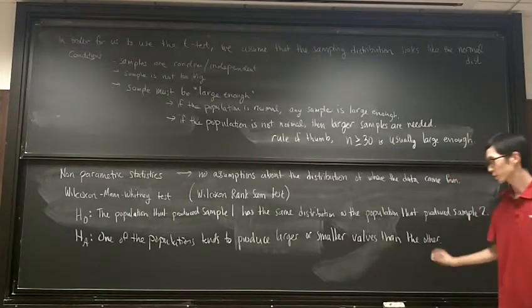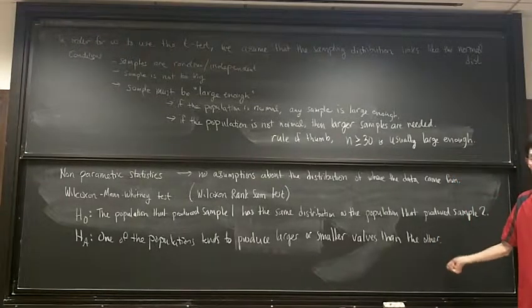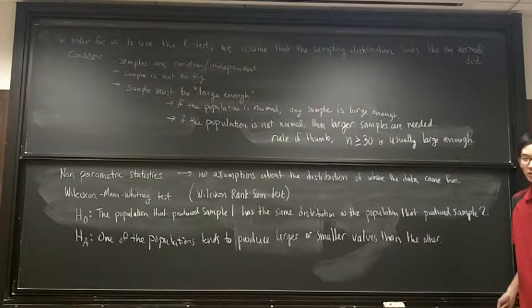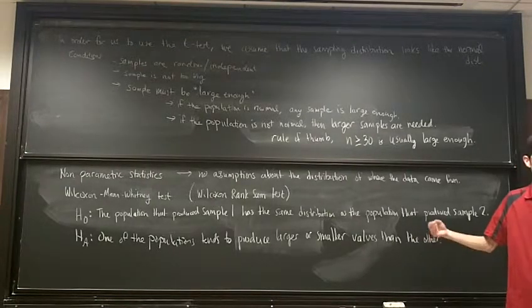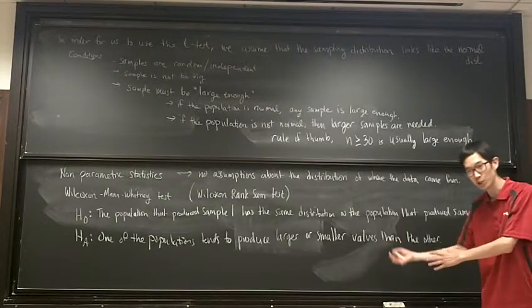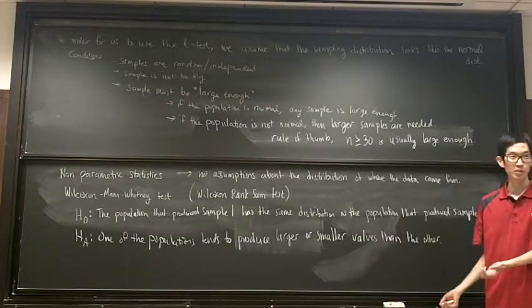Okay, so this would be a non-directional alternative. If we wanted a directional alternative, we would have to say the population that produced sample 1 tends to produce larger values than the population that produced sample 2, or something.